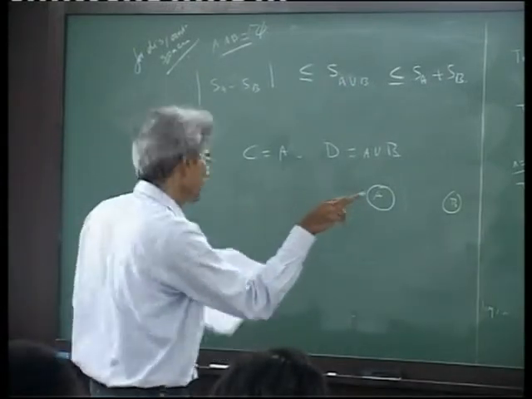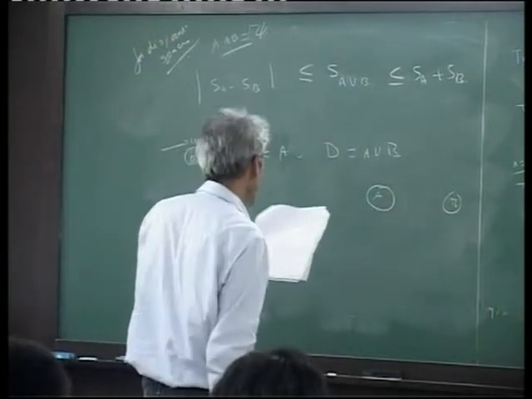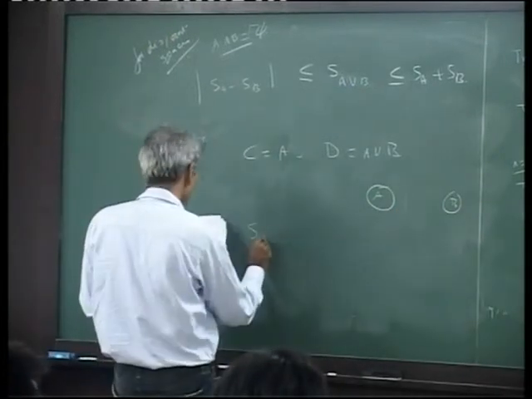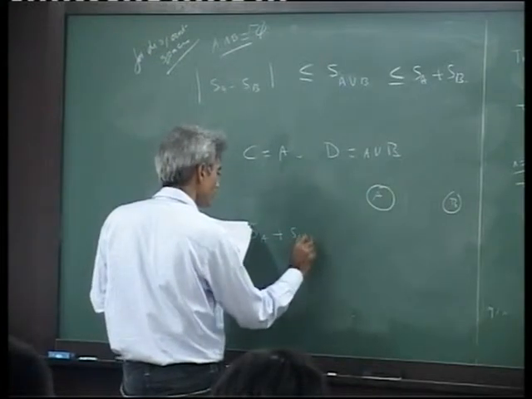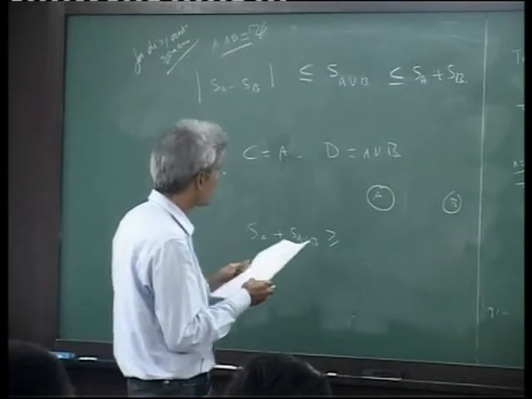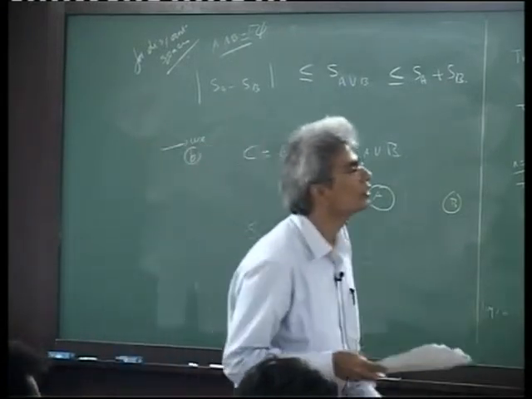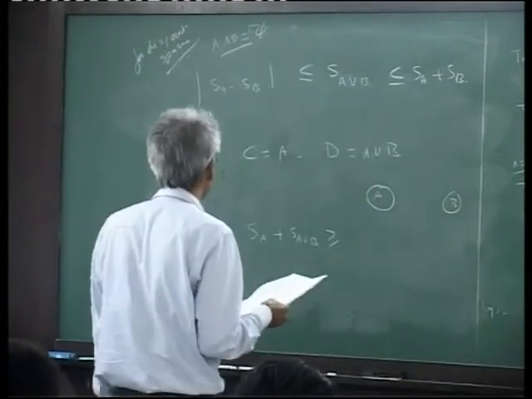If I choose C as A and the other as A union B, this is a replacement, giving SA plus S of A union B. This is just proving something like that. So C intersection D complement.